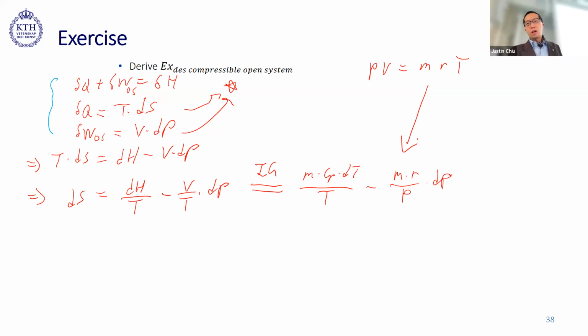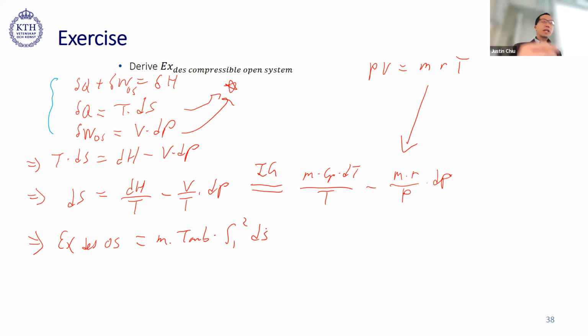Yes, now you see you have a log and log, right? So the same, let's say exergy destroyed for open system is equal to, this is the definition of the exergy destroyed, mass times T0 or T ambient times the change in your entropy.